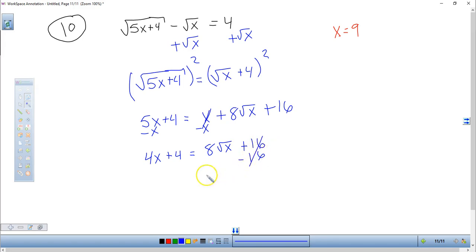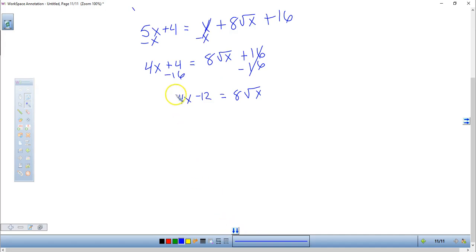Subtract 16. 4x minus 12 equal 8 square root x. Square both sides again to get rid of the radical. Foiling this out, you get 16x squared minus 96x plus 144.